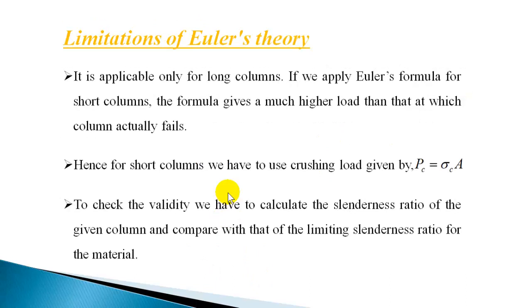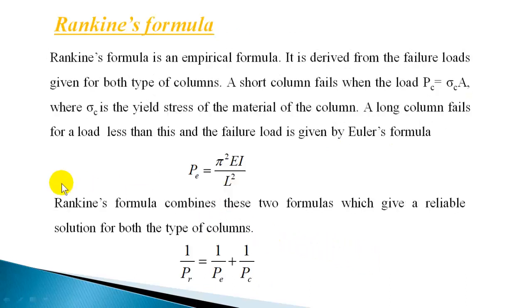So to overcome this limitation, Rankine proposed an empirical formula which can be used for short as well as long columns, and he proposed it like this: 1 by PR is equal to 1 by PE plus 1 by PC.